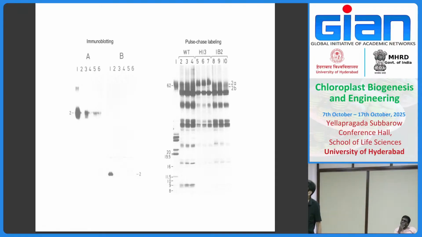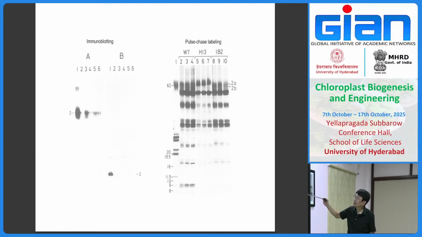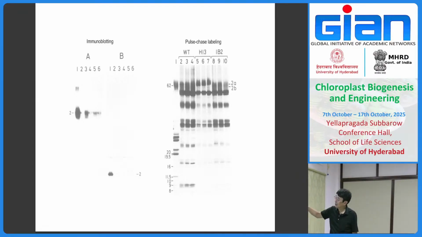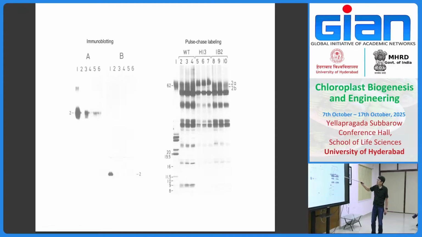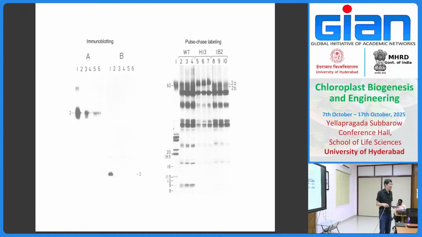And the PS1 minus mutant is also pulse labeled. It's a little bit strange, but these are not really PS1 because it's upshifted. And the PSAC mutant is pulse labeled like this, and during the chase it disappeared. So this means if you knock out PSAC, the other PS1 subunits, the main reaction center protein, are synthesized but degraded rapidly.